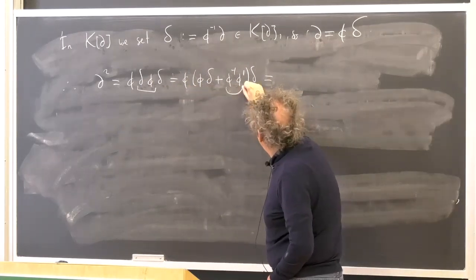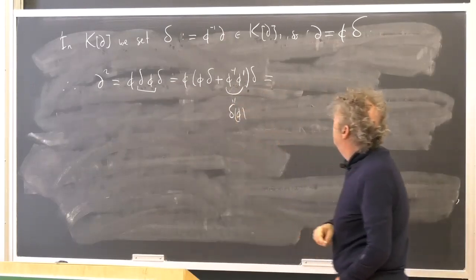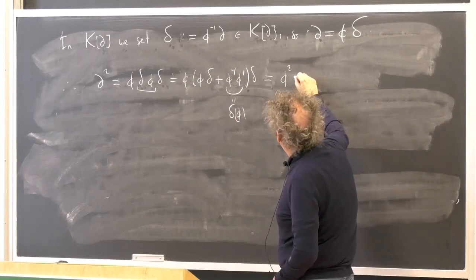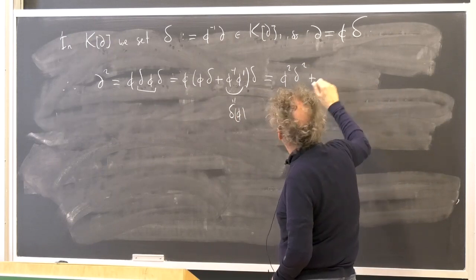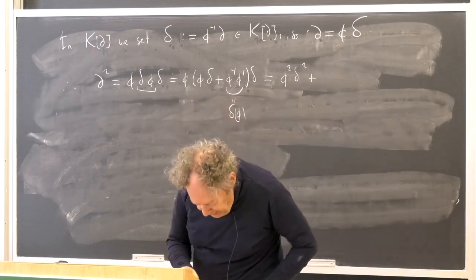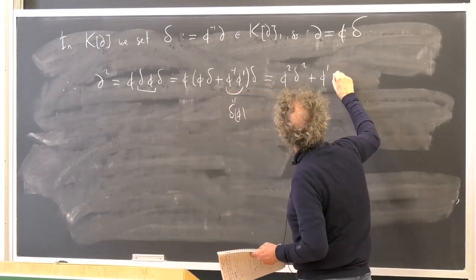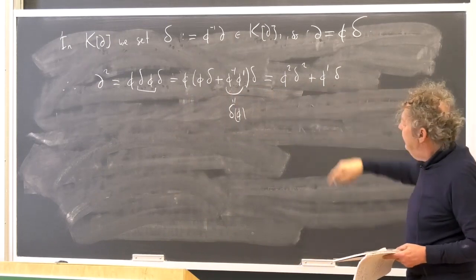If you multiply it out, you get phi squared funny delta squared plus phi prime funny delta. So here we have the funny deltas again.